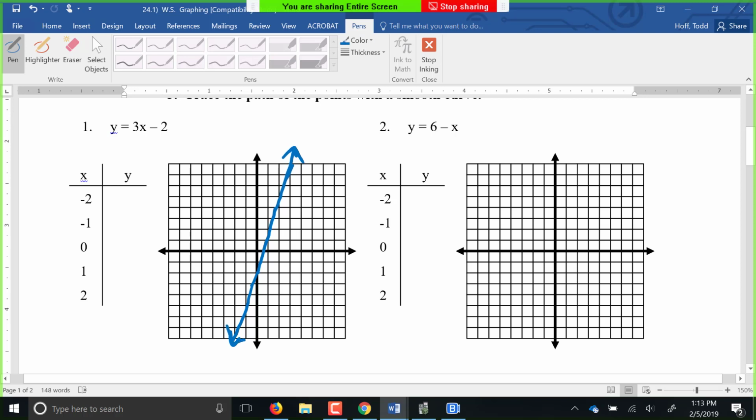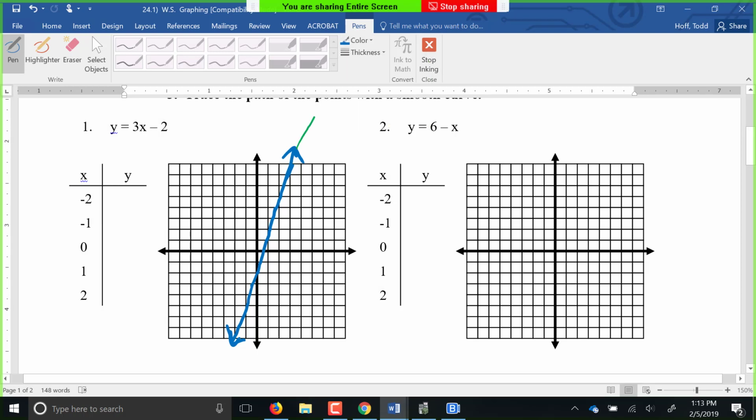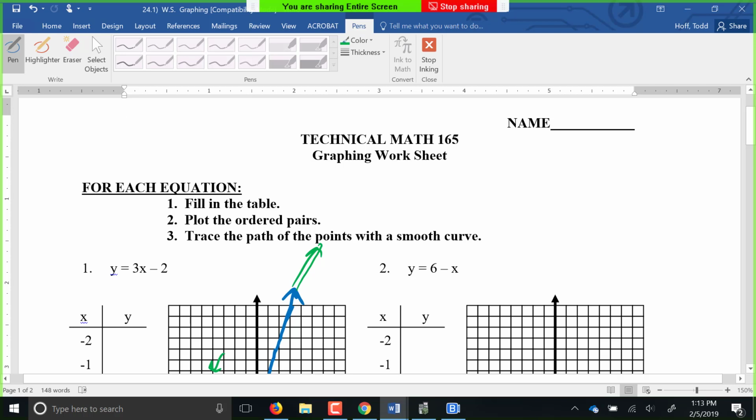You'll notice on the end of the line, I put arrowheads pointing in both directions. Why are there arrowheads there? Yeah, it keeps going in both directions. The values of x and y can keep getting larger and larger as we go that way, or smaller and smaller further into the negative as we go the other way.